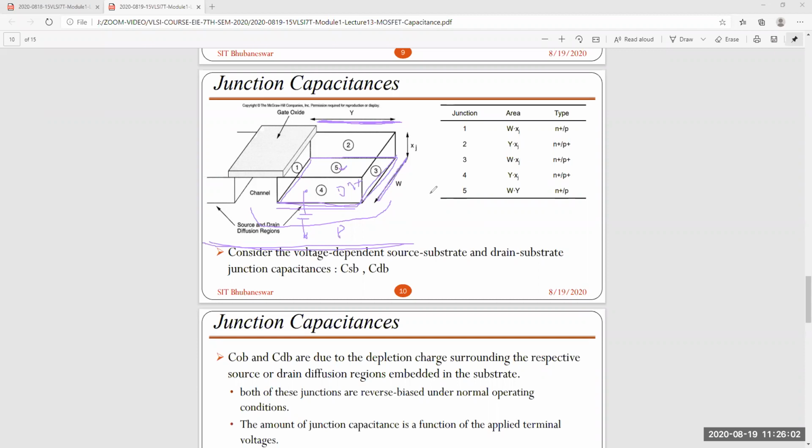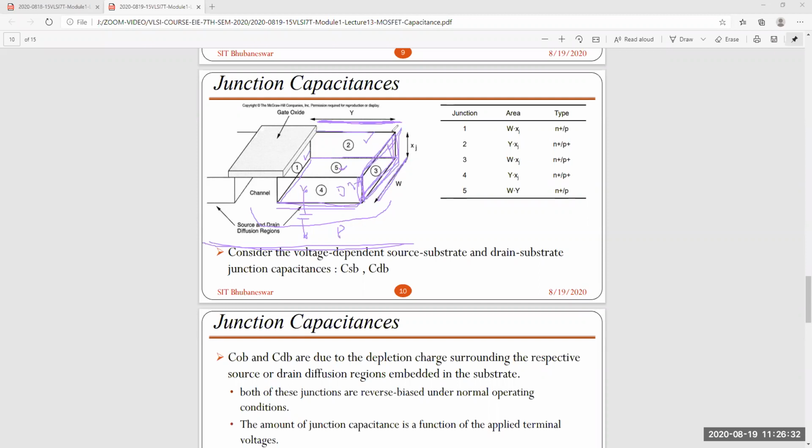We'll discuss that thing. Then here the other side walls. This 3 is one side wall, 2 is one side wall, 4 is one side wall, 1 is a side. So all these capacitances we will get. So this is Xj, this part. When you calculate the side wall capacitance for this, you have to use this area, W into Xj.